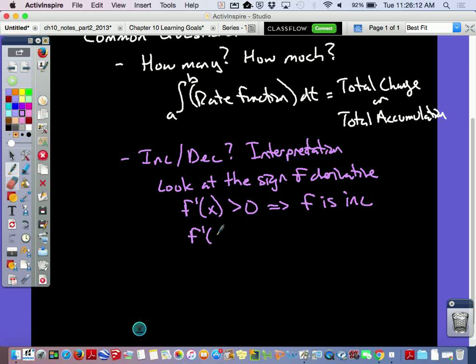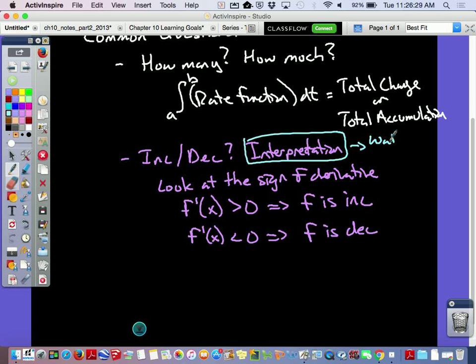If our derivative is less than 0, that's going to imply that our function is decreasing. And my advice to you in this part about interpretation is that you're really going to have to watch your units. Make sure to include them, especially if the question is asking for that.